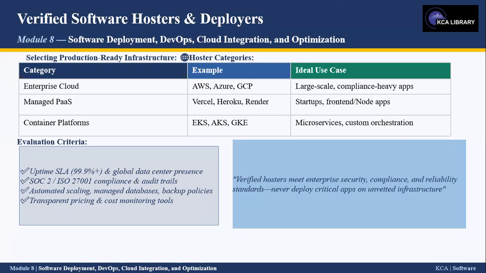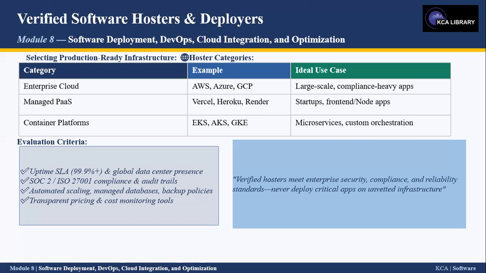Not all hosting providers are equal. For production systems, please verify hosters. Evaluation criteria are uptime SLA, SOC and ISO compliance and audit reports, automated scaling, managed database backup policies, transparent pricing and cost monitoring tools.